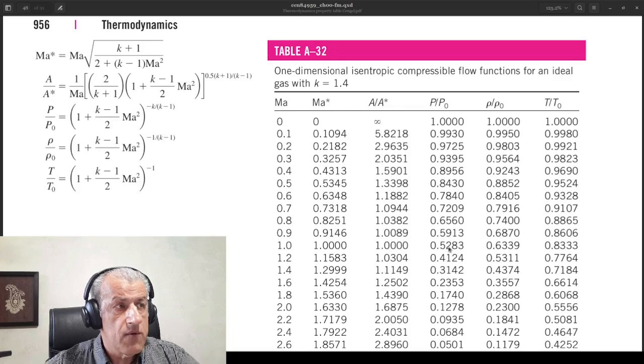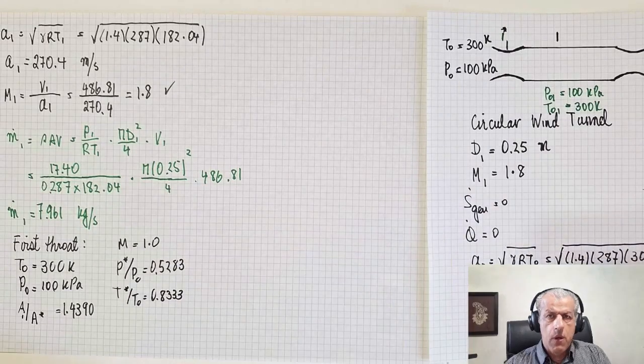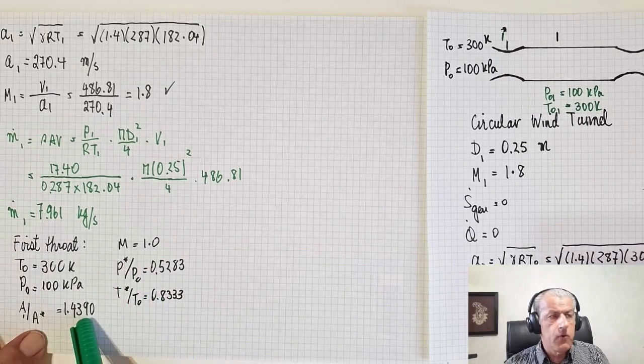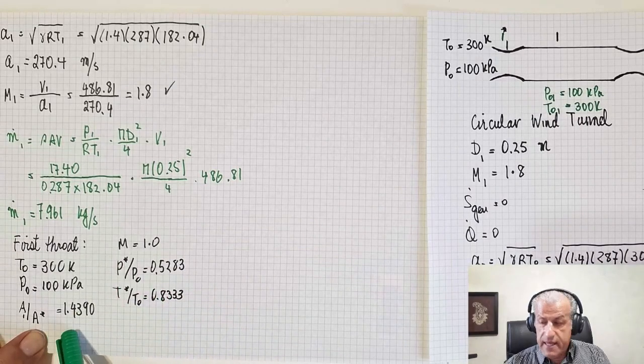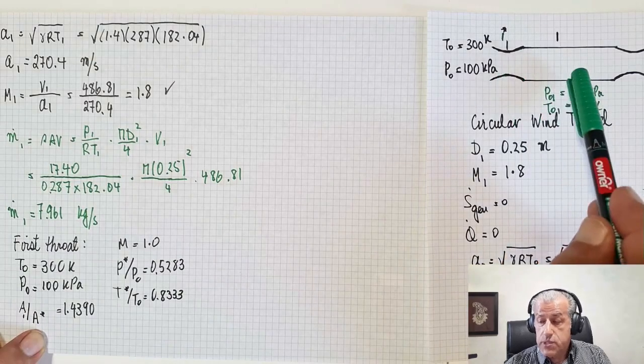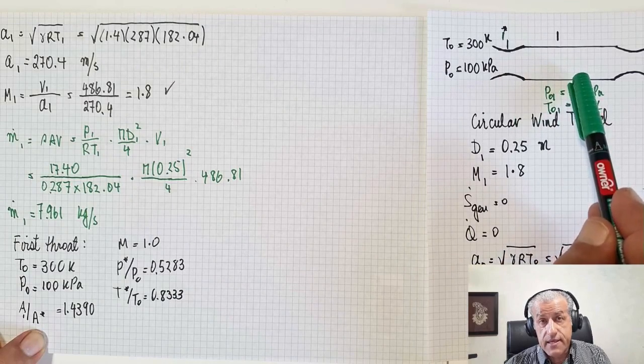P over P0 is 0.5283, and T over T0 is 0.833. So these are the values at the throat. Well, A over A star is 1.4390. This means that this area should be the throat that produces Mach number 1.8 at the test section.